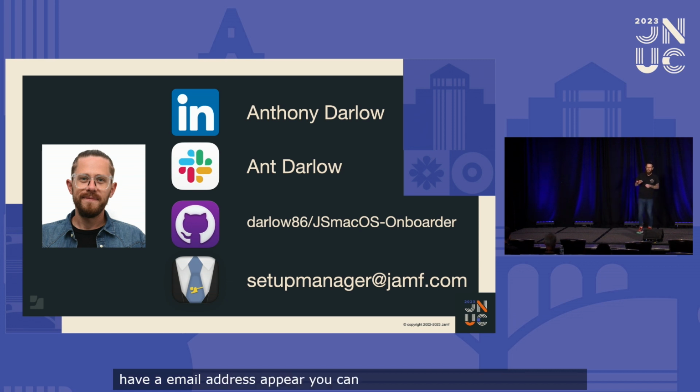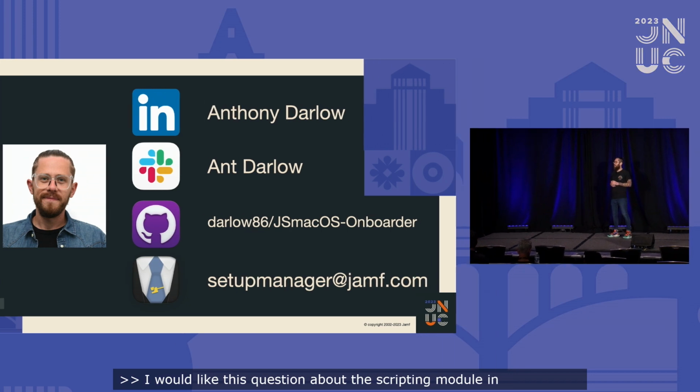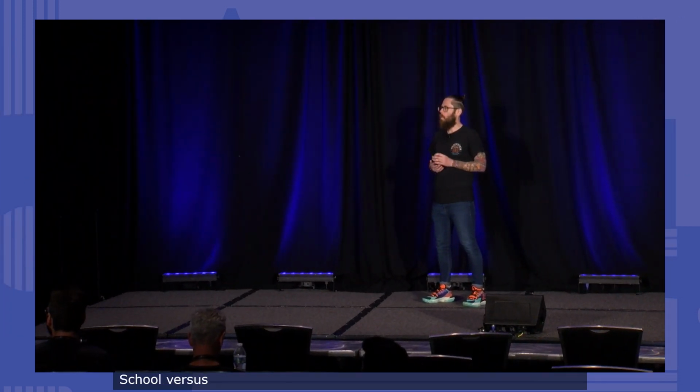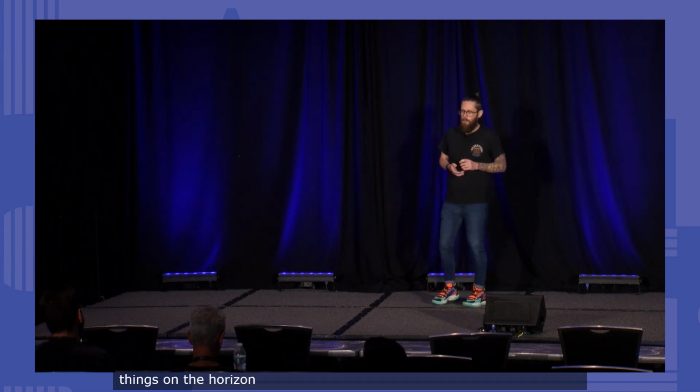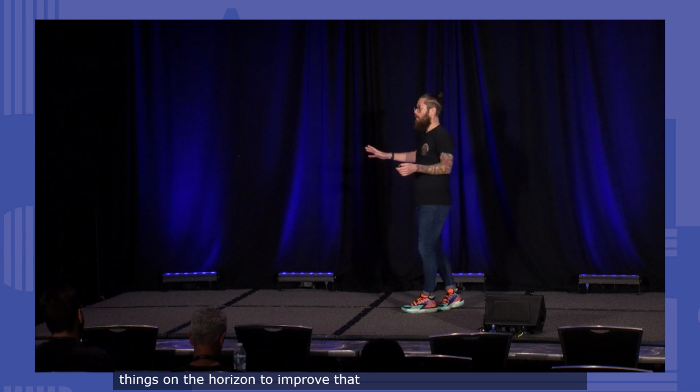Remember though, limited availability. And then I like this question about the scripting module in Jamf School versus Pro. We know that there are differences. Do we know if there are things on the horizon to improve that scripting module for Jamf School? I think the answer is there's nothing that I'm aware of.